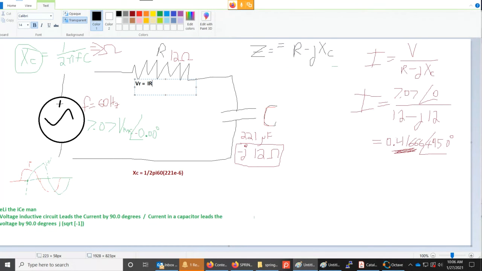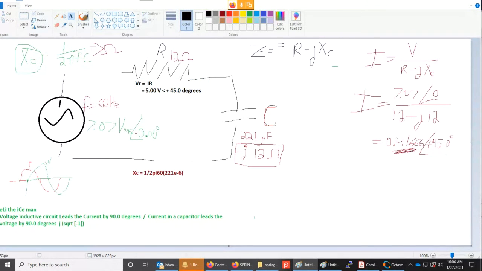So up here, the voltage is 5 volts with an angle of plus 45 degrees. That's the voltage across this resistor.